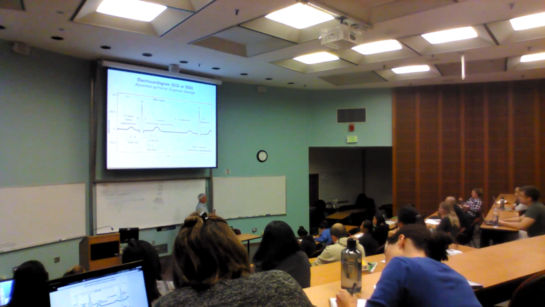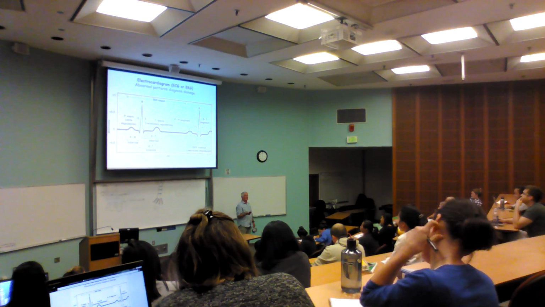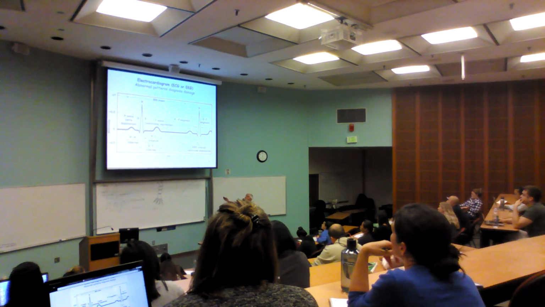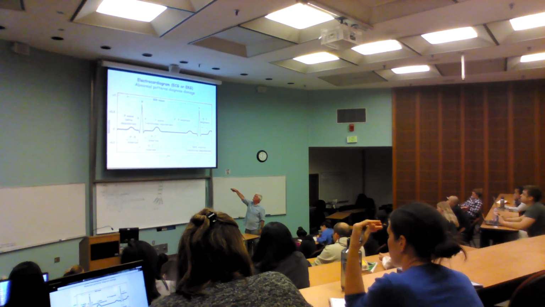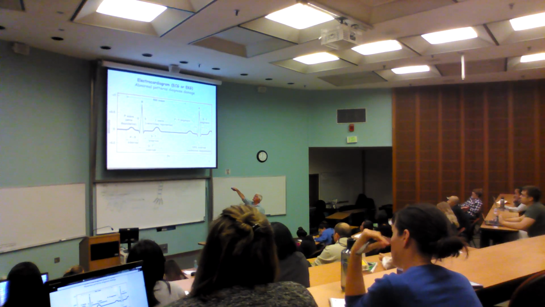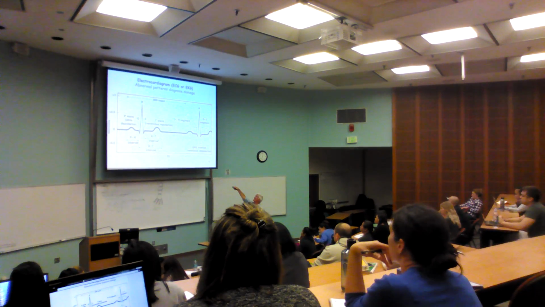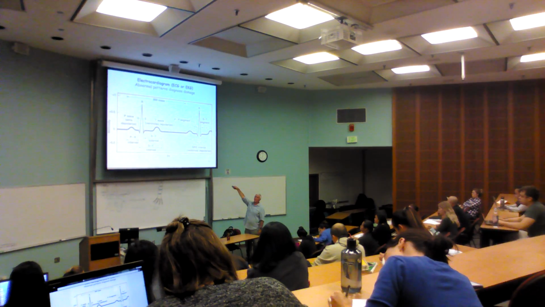It's not a wave, it's a complex. It's got three parts. All right, so the atria depolarized during the P wave. Then I get the QRS complex, where the ventricles depolarize. Then I get the T wave, where the ventricles are repolarizing.